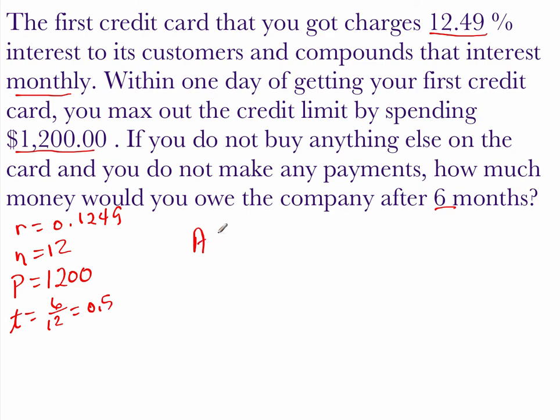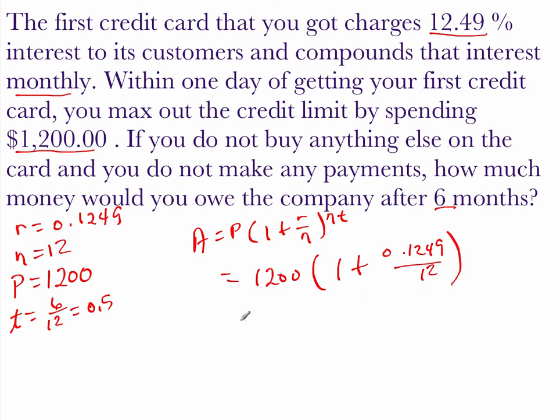Okay. Now, the time here is 6 months out of 12 months, or a half a year. So the amount is the principal times 1 plus R over N to the NT. Now the principal is $1,200. 1 plus r is 0.1249 divided by n, and n in this case is 12, to the n, which is 12, times t, and in this case t is, I'm just going to write it as 1/2. So this becomes 1,200.